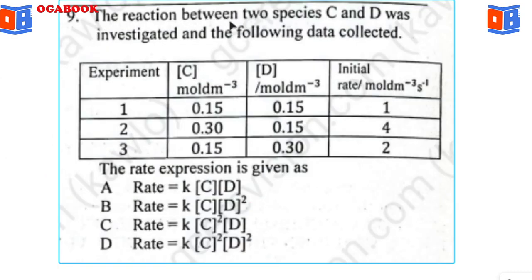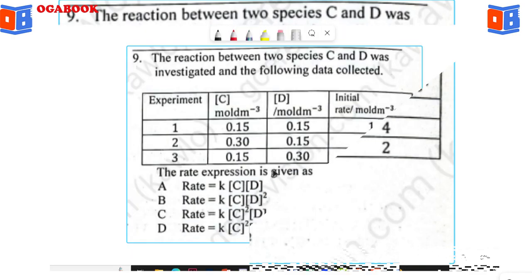Question 9. The reaction between two species C and D was investigated and the following data collected. We have experiments 1, 2, 3, and we have the different concentrations and the initial rates. We want to determine the rate expression. The first thing we have to do is get the different orders of the reaction.